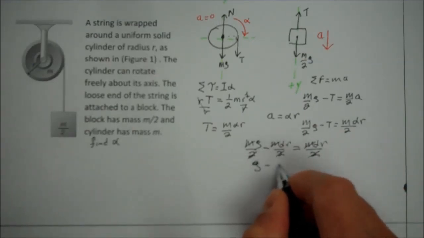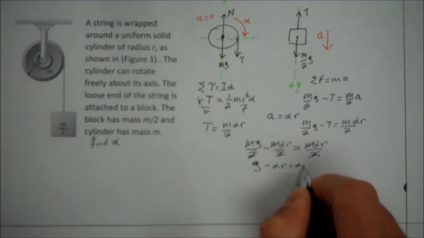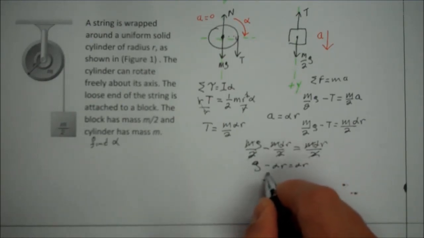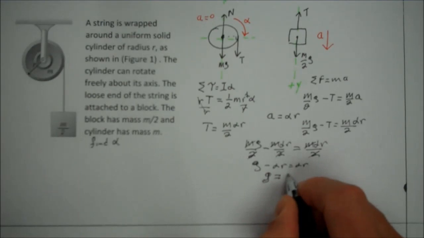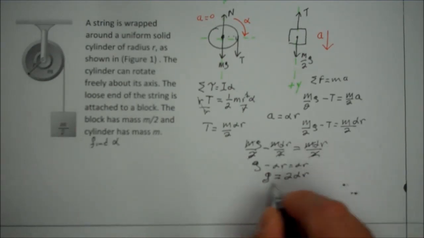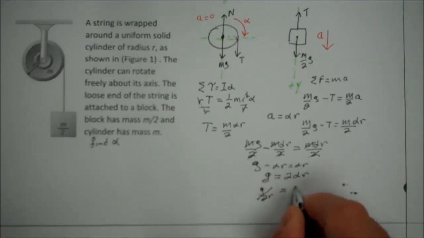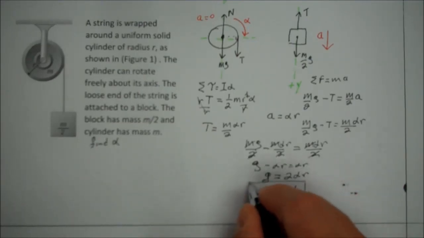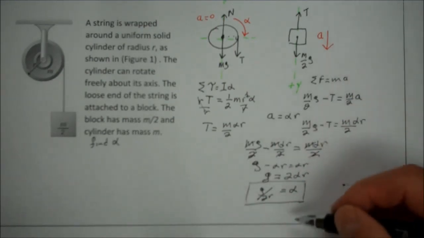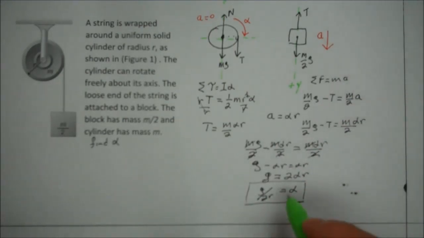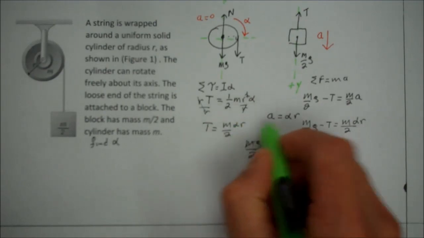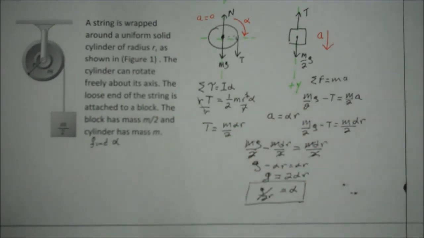So I've got g minus alpha R equals alpha R. So g equals 2 alpha R. So g over 2R equals alpha. And there we go. Big algebra exercise there. The physics really was done right here.